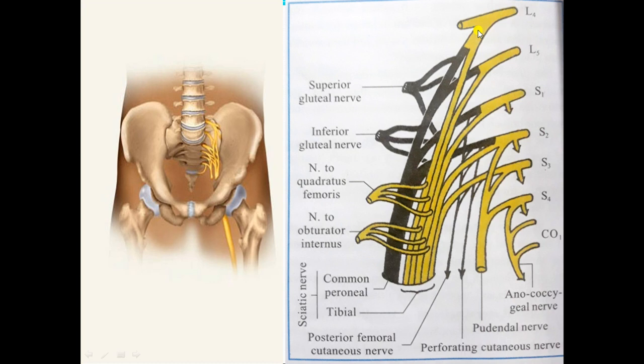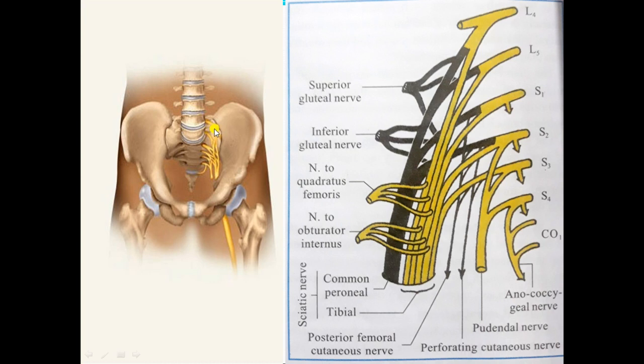Next, after the L4 nerve descends downwards, it is fused with the L5 root. The L5 root, after emerging through the transverse foramina of the L5 vertebra, passes laterally and downwards in the groove over the ala sacralis and enters the sacroiliac joint.